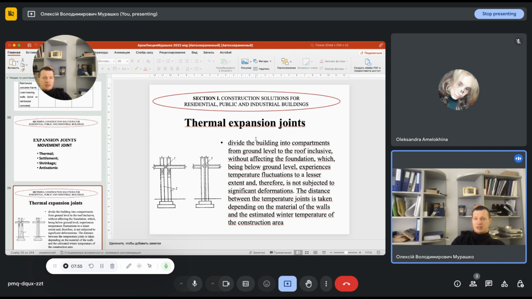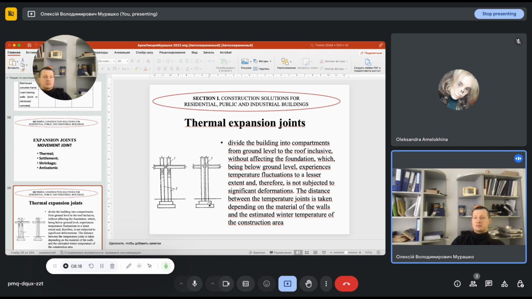So we can split the building with thermal expansion joints by creating double columns, which are based on one foundation. Very important about thermal expansion joints: they do not split the foundation.